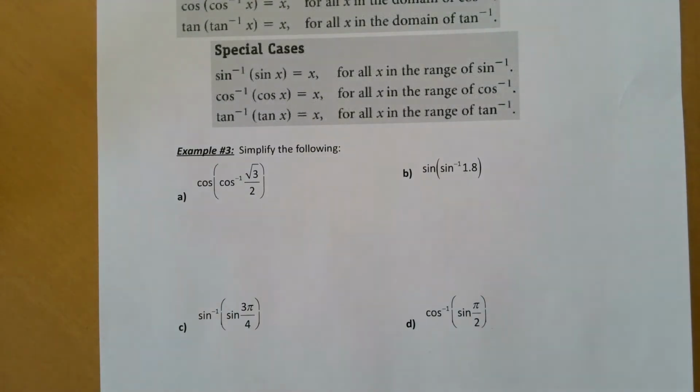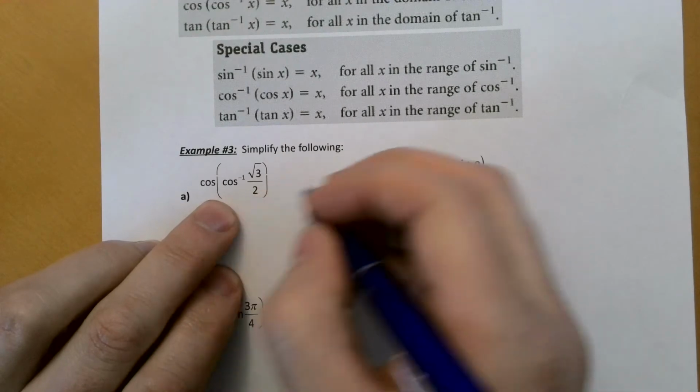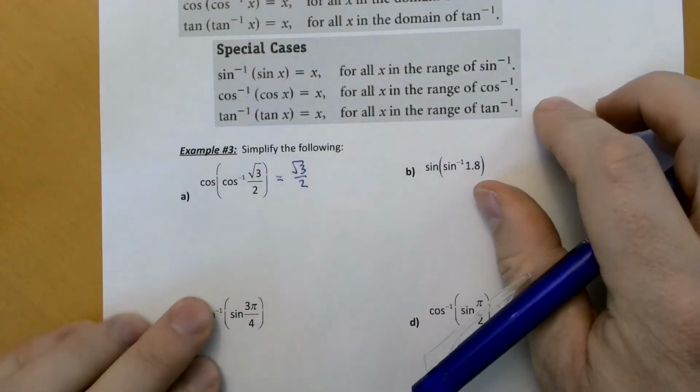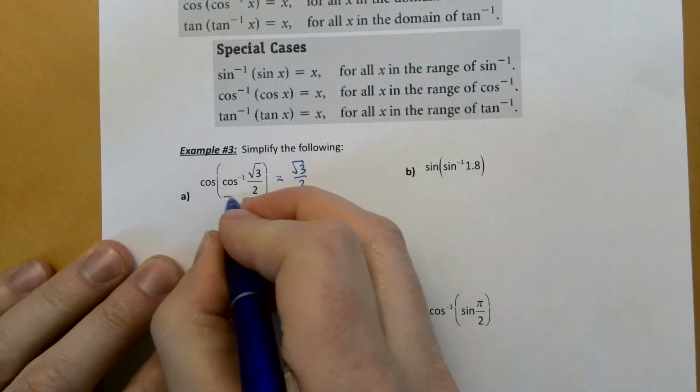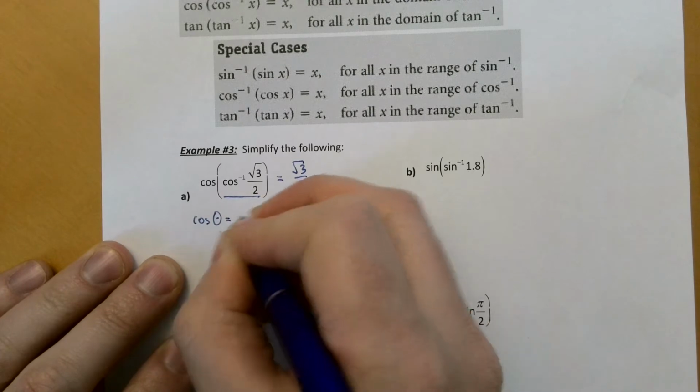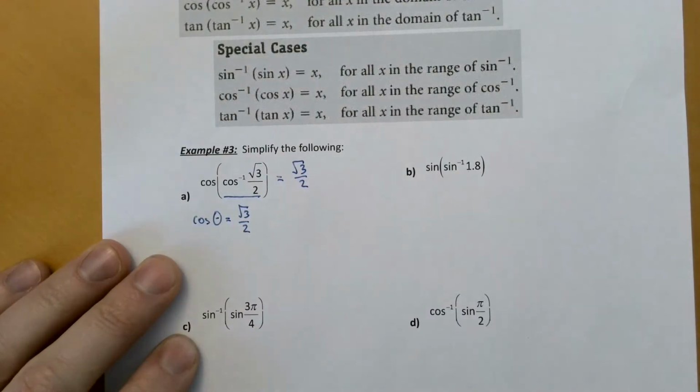Okay, I'm going to take the long view for this first one. What's cosine of cosine inverse of root 3 over 2? Our claim is this is just root 3 over 2, but let's make sure we know it's true. I'm going to take what's inside here and ask: cosine of what angle theta equals root 3 over 2?